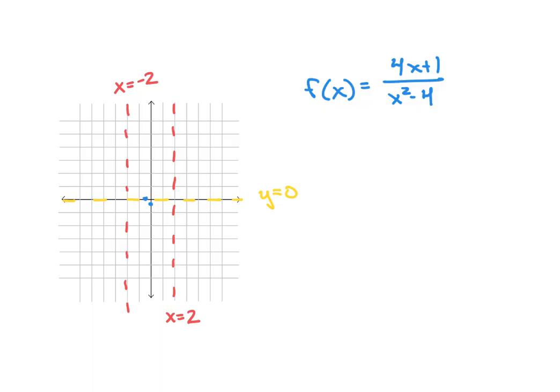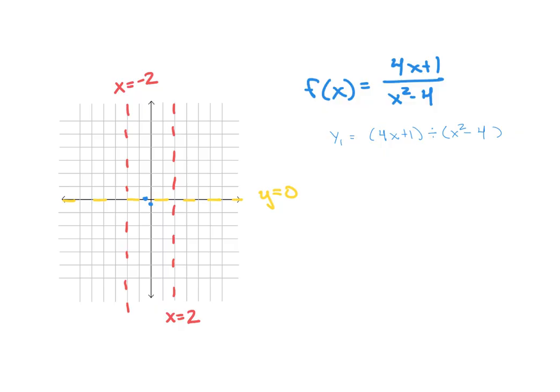All right, I'm going to go ahead and use the table features on my calculator. And so this is what I'm plugging in. For y1, we do want to make sure that we have parentheses around everything. So I am going to do 4x plus 1, my numerator inside parentheses. And then I'm going to put my denominator in parentheses, which is x squared minus 4.